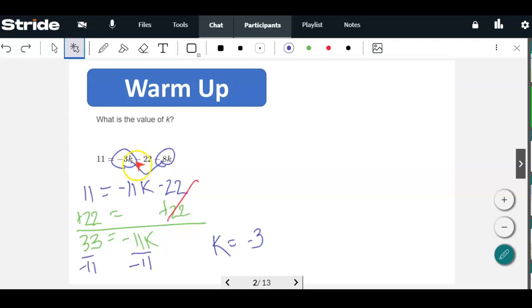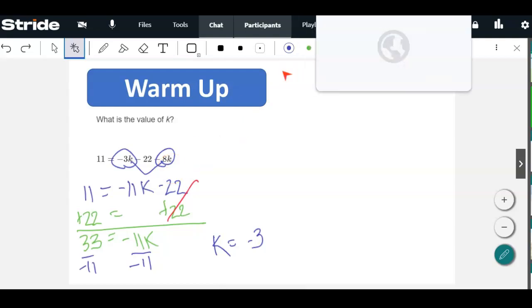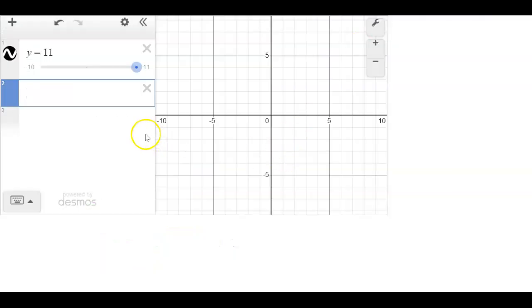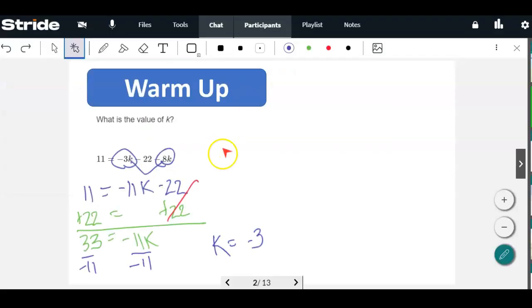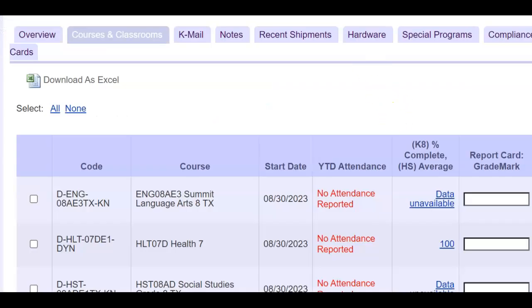So negative 3x minus 22 minus 8x. So y equals negative 3x minus 22 minus 8x. Just make sure I got that right. Yeah, negative 3x minus 22 minus 8x.